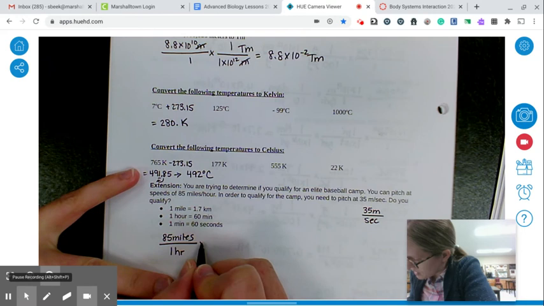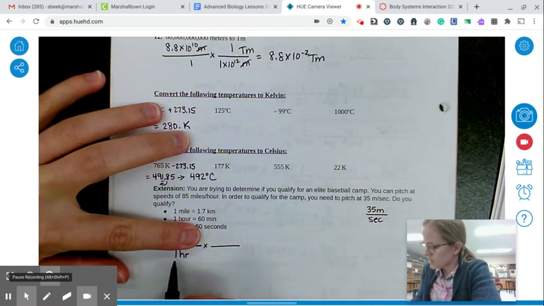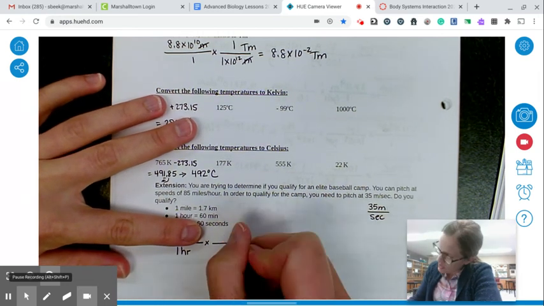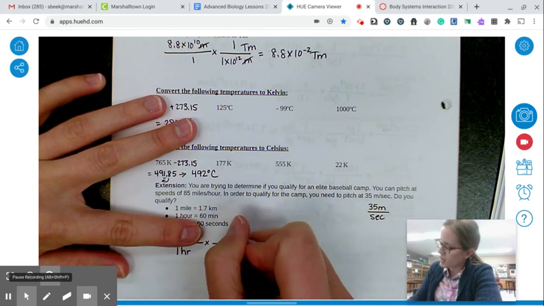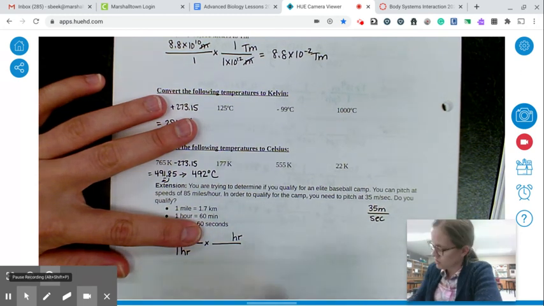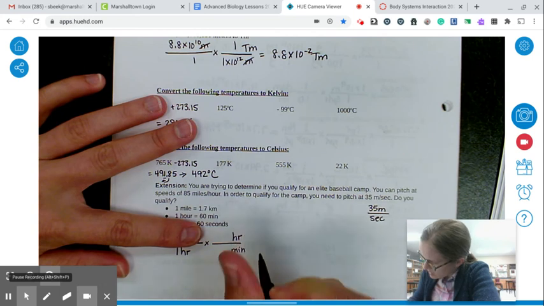So I'm going to pretend like that's not there, and I'm going to convert this to seconds. I want to get the hours to cancel. So instead of putting it on the bottom where I'd multiply, I'm going to put it on the top. So now I've got this divided by that. They're across from each other, so they'll cancel out. And then I want minutes down here, because I'm going to use that one up there.